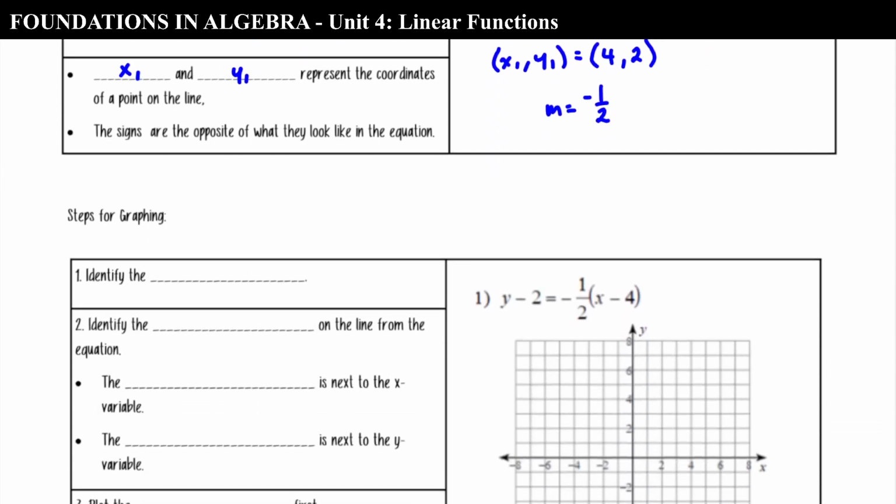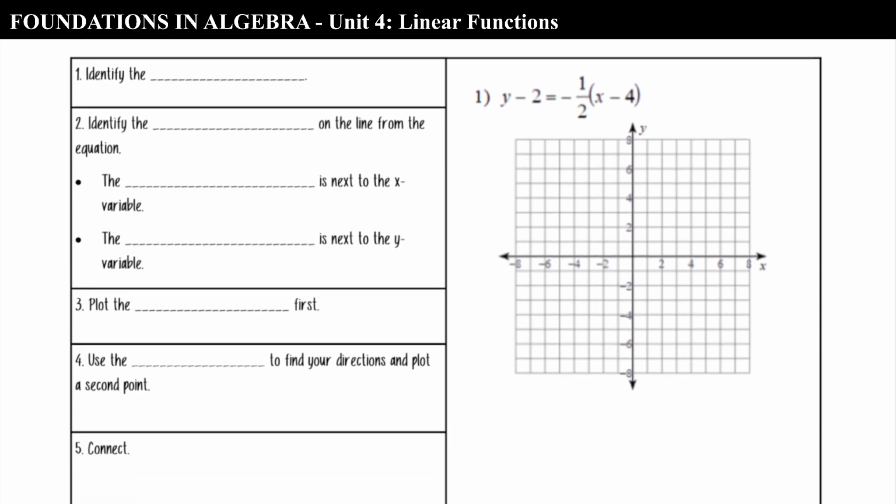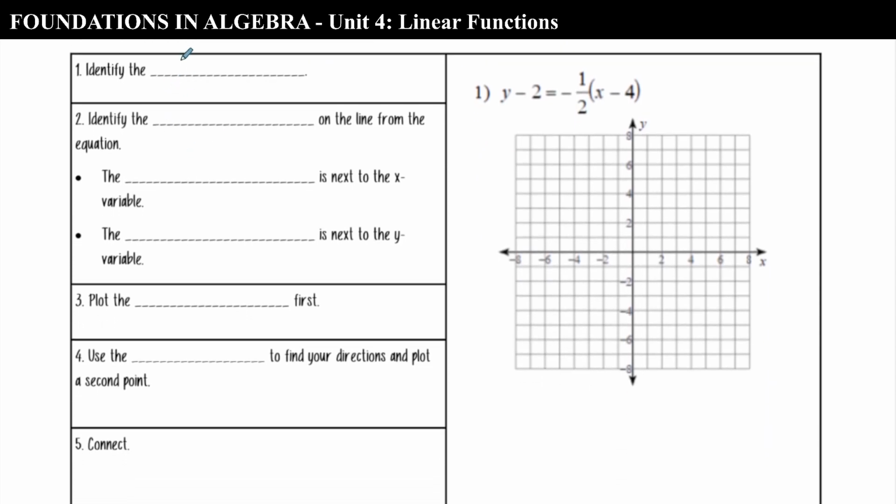So let's talk about how to graph these things. First, you are going to identify the slope. Then you're going to identify the coordinate on the line from the equation.